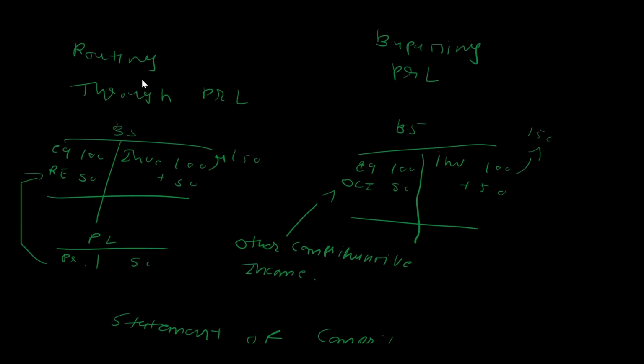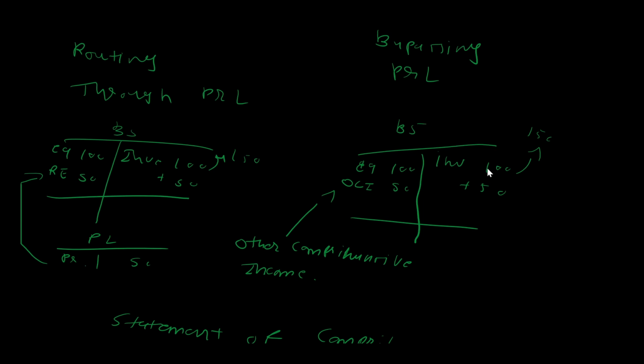So in routing through P&L, you will show 50 rupees profit on invested shares, and you will transfer this P&L profit to retained earnings of 50, and your balances will tally. You change the investment to 150, and equity has retained earnings of 50.